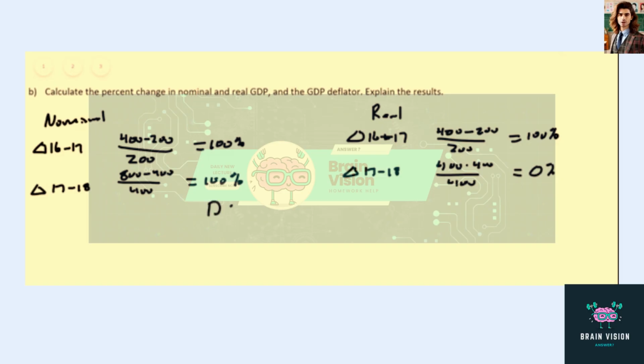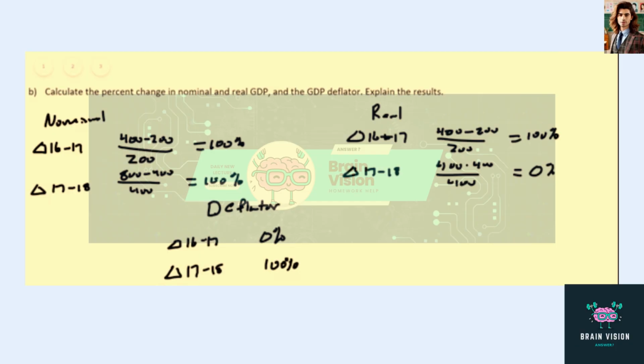And then for the deflator, the change between 16 and 17 is 0%. I'm not going to do the calculation. It's just the difference between 100 and 100. And the difference between 2017 and 2018 is 100% because it increased from 100 to 200.